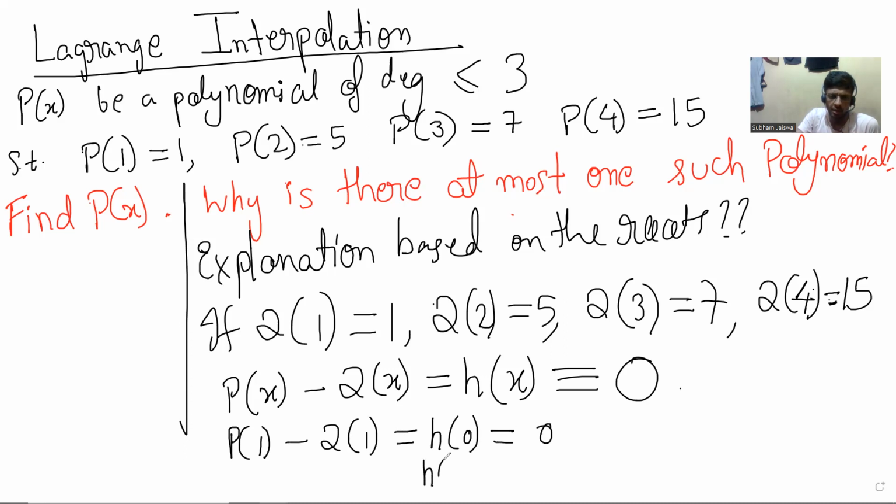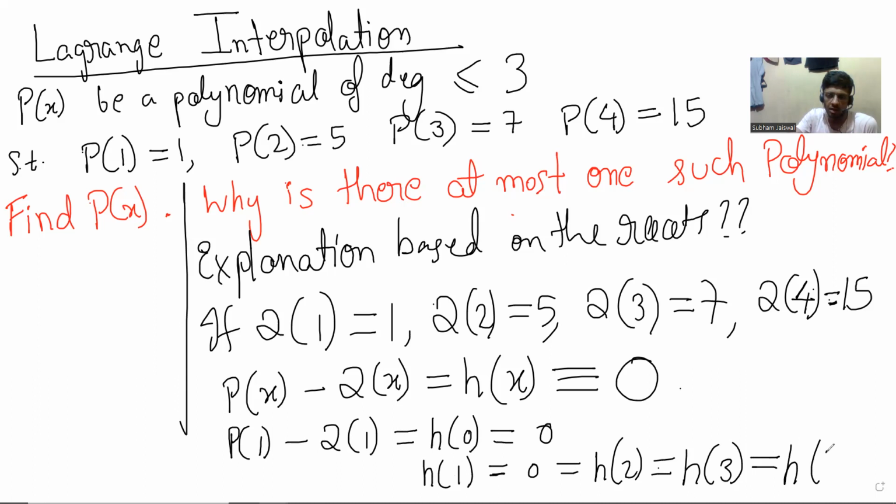So then h of 1 is... so what? Why? Yeah, it's trivial. It may be a trivial fact, but still, why is it? So if it is 0 at 4 values, then why is it 0 at every value? What do you say to convince that?